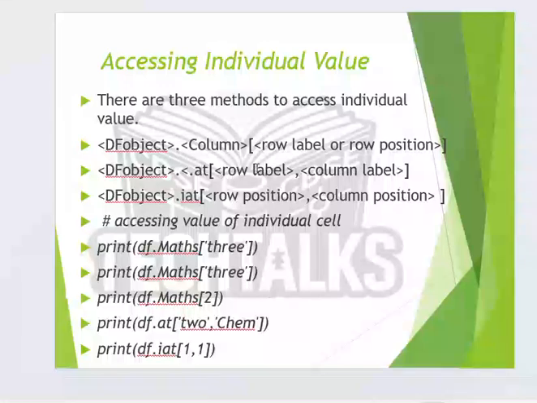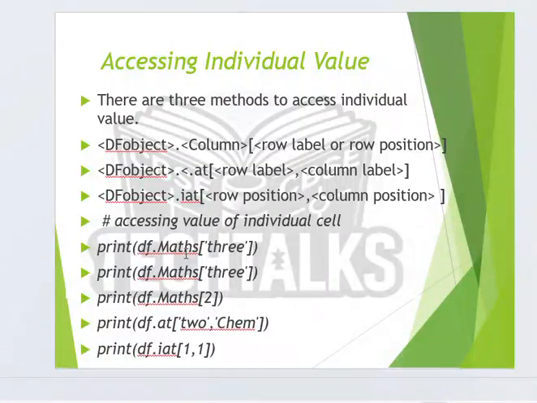So you can go with either row or column, you can specify. iat is also one, row position and column position. So with i we always have position, while without i, like in loc we have the labels, with iloc we have position. Same is the case with at, we will have the labels, row label as well as column label, while in iat we will have row position and even column position. Accessing values of individual cells.